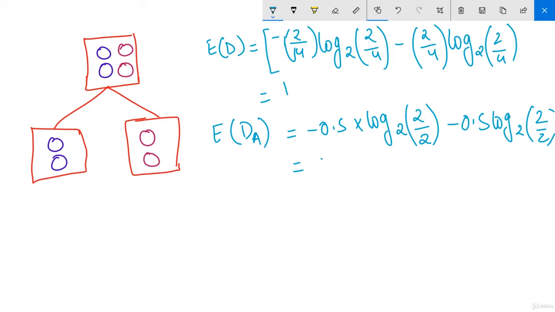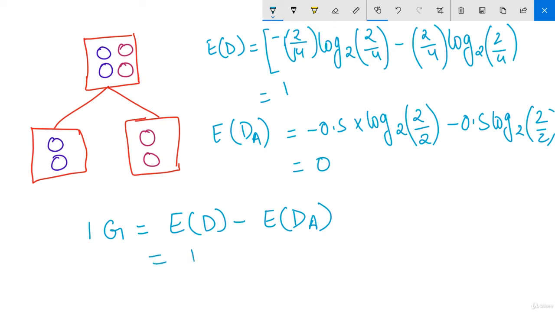Here you can obviously say it's 0 because log 1 is 0. And what I have explained is that information gain is nothing but ED minus EDA, which is 1 minus 0 equals 1.